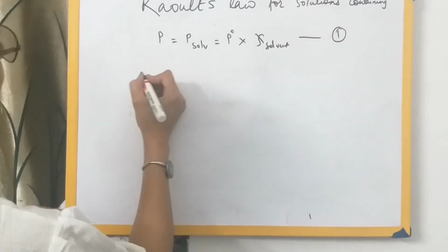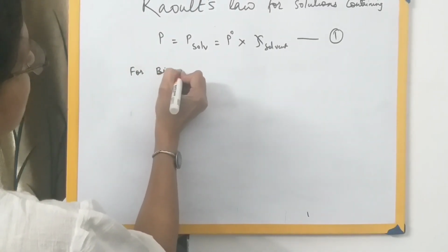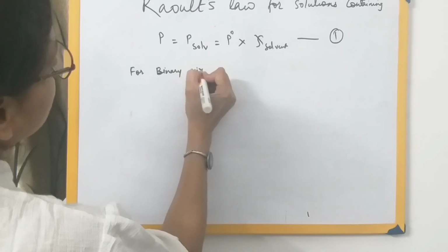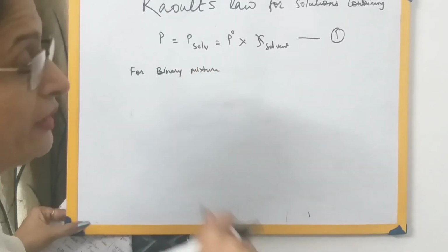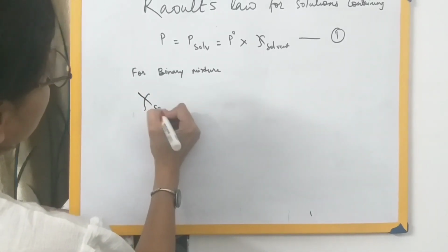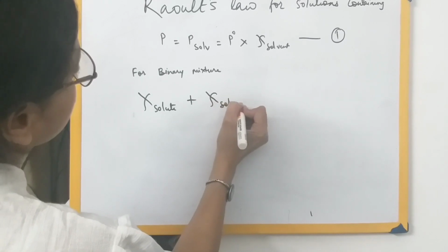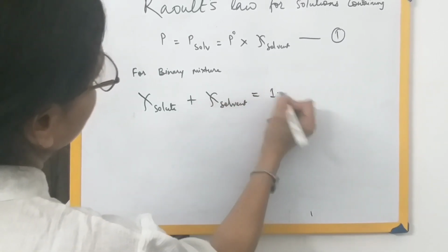Now suppose there is a binary mixture, that means it is containing a solvent plus a solute. Therefore, chi of solute plus chi of solvent will be taken as 1.